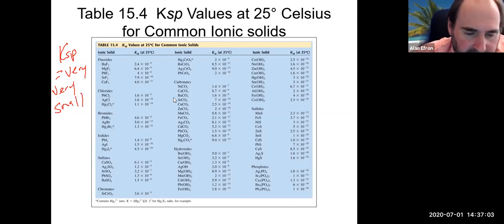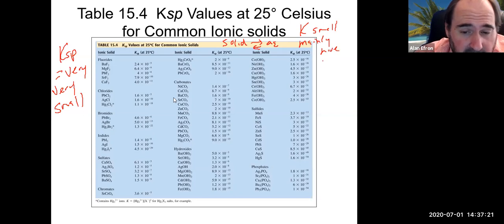As we've been talking about, since those reactions have solids on the left-hand side and aqueous ions on the right-hand side, if my K value is small, that means when I reach equilibrium, I mainly have reactants.